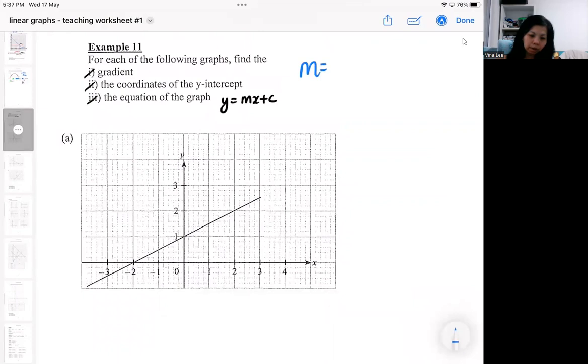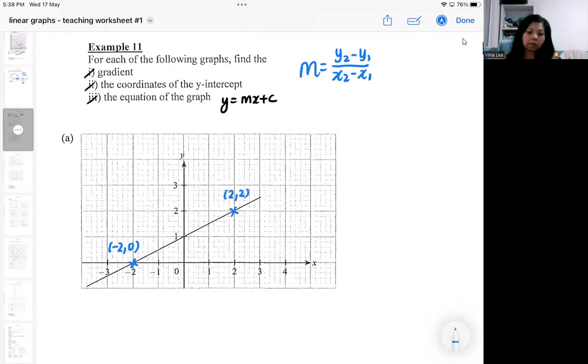So the gradient formula is y2 minus y1 over x2 minus x1. Let me show you how you are going to use the formula. We need two coordinates, so you must be able to name two coordinates first. You must name them correctly. It's always an x, y coordinate.